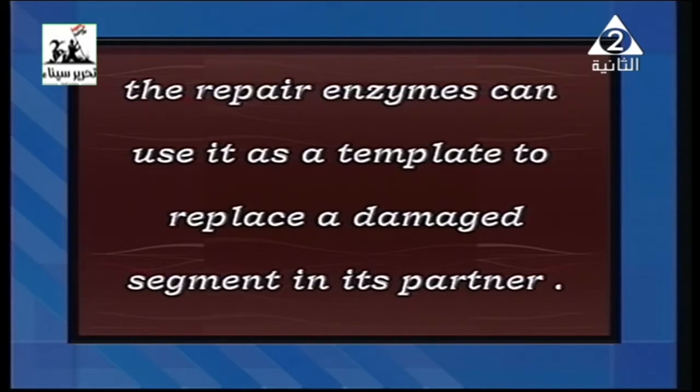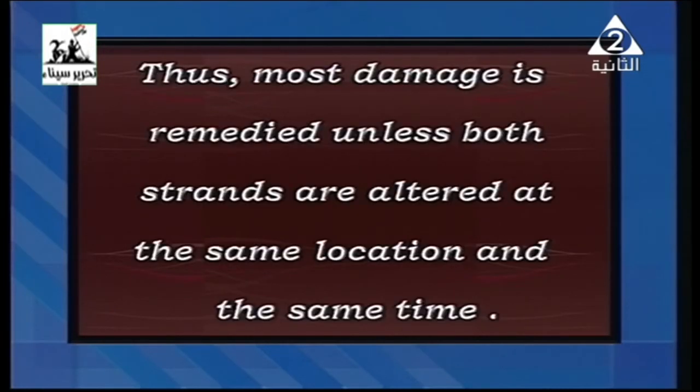But we have a condition here, as we said: as long as the other strand, the other backbone or side of the DNA helix, is still without damage. So most damage can be recovered, unless both strands are altered at the same location.